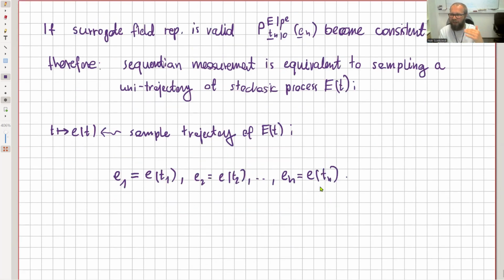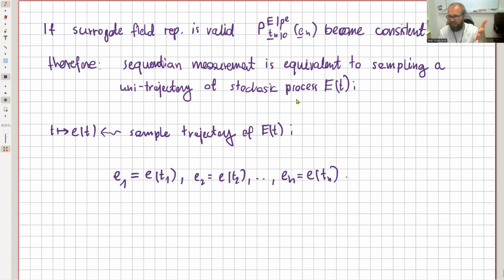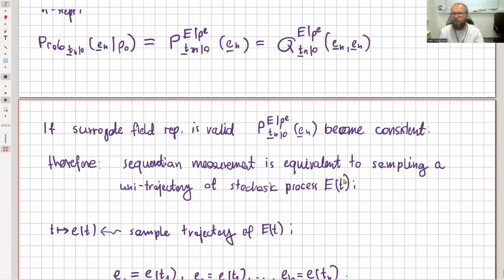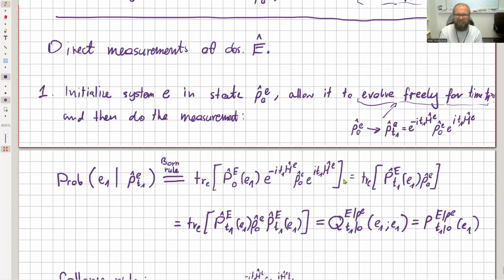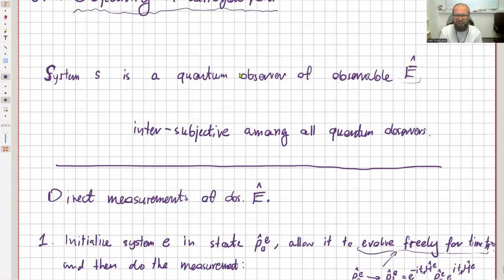We are experiencing this observable E, when the surrogate field representation is valid, as if it was a trajectory of a stochastic process, okay? So this is the same kind of experience as the quantum observers have of the process.